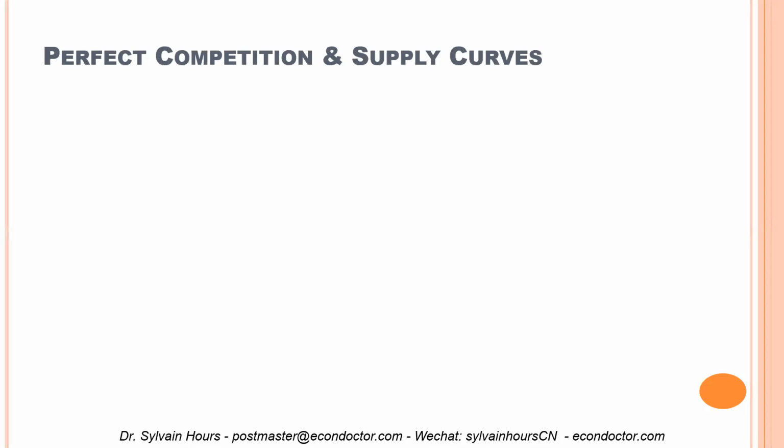Why? Simply because the concept of supply curve only makes sense when businesses are price takers. If you are a price maker, the concept of supply curve does not make any sense. Simply because what is a supply curve? It's simply a relationship between a market price that you take as given and the quantity that you want to sell, to supply, to maximize your profit.